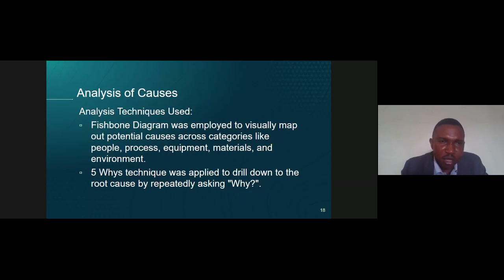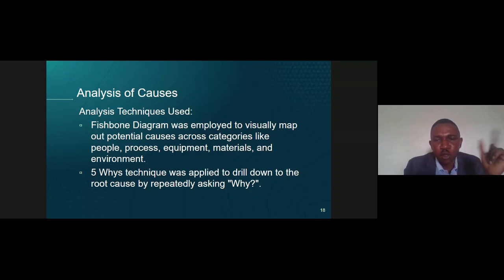Now, having done that, the next step of the root cause analysis was analyzing the techniques they used to identify those problems. In this case of this organization, they were able to use the fishbone diagram and also the 5 why technique.